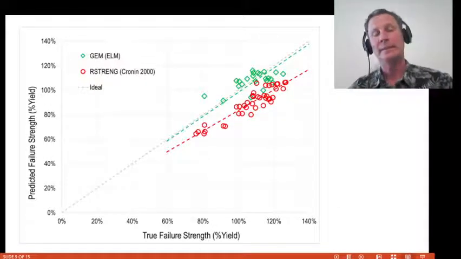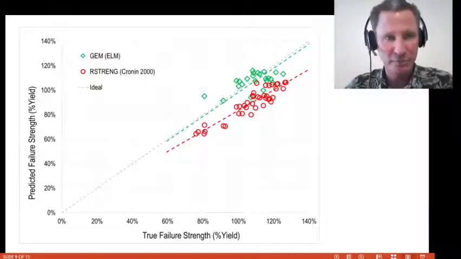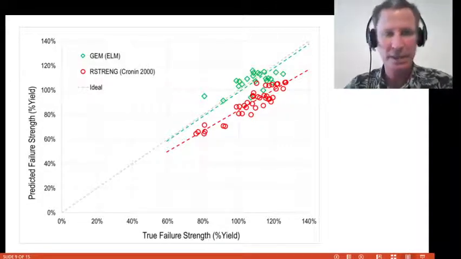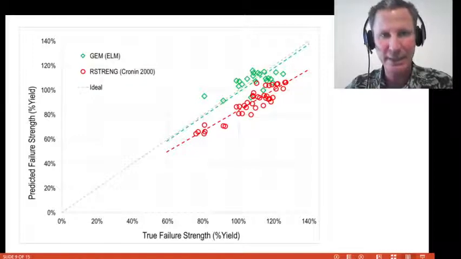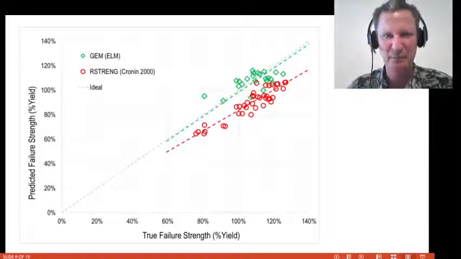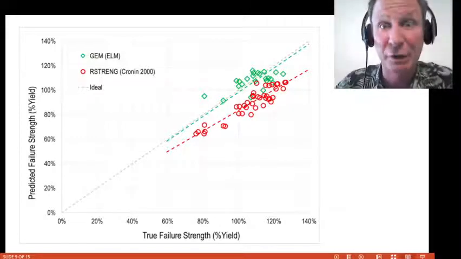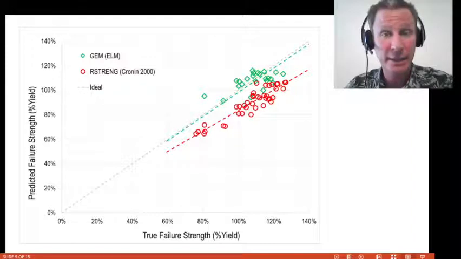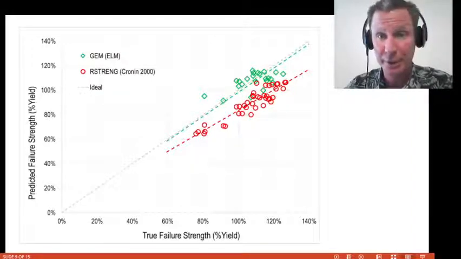Okay, so here we can see that the GEM, the effective length method, my level 2 assessment, has taken all of those green diamonds and it's basically condensed them right along the unity line. It's actually 1% off, but it's pretty darn close. So that means that I've got some confidence that the mathematics behind this model is pretty darn good.